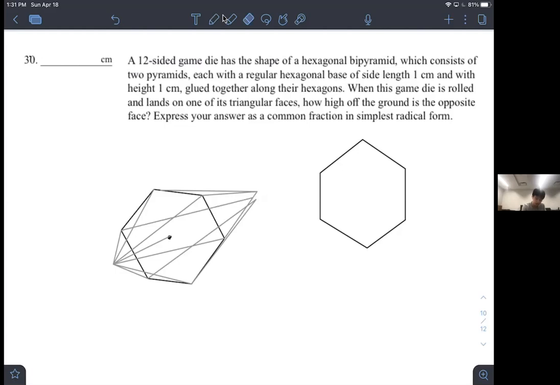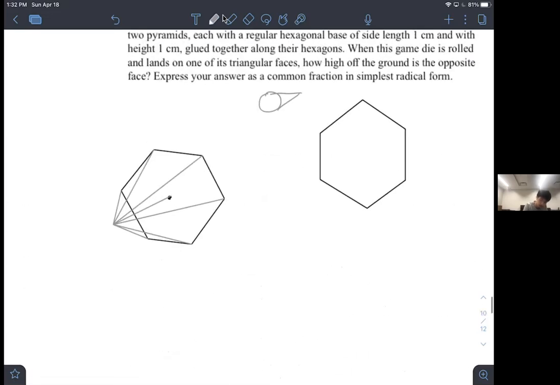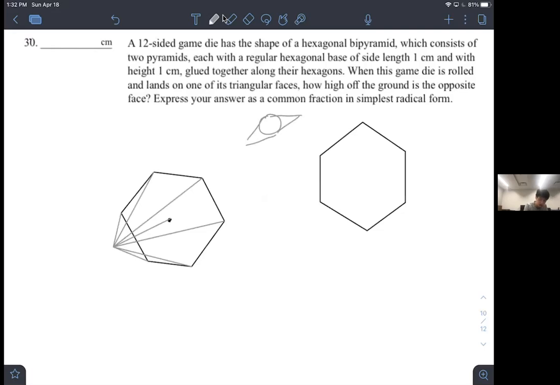But in essence, we have this pyramid. It looks kind of like a cone, and then we have another cone on the other side. So I'm just going to draw with the cone. Cone. And we have another cone, another cone on this side.